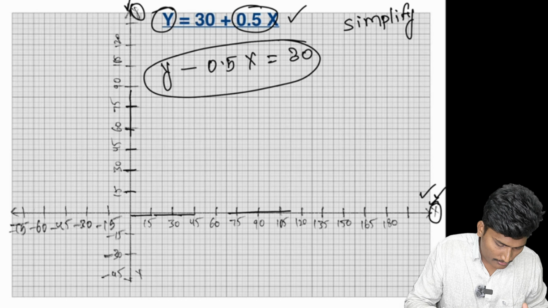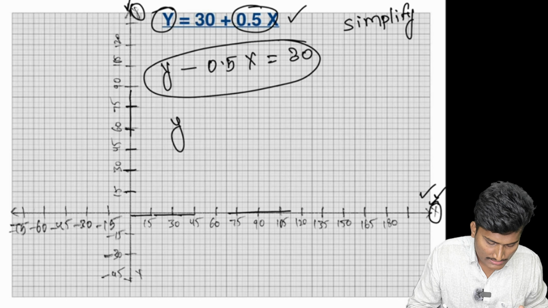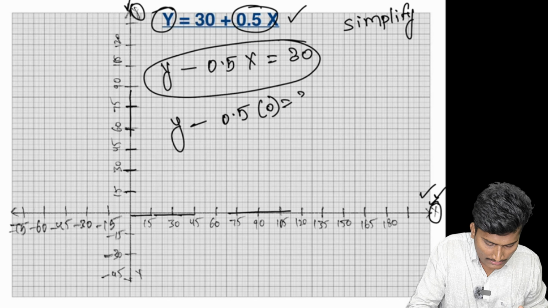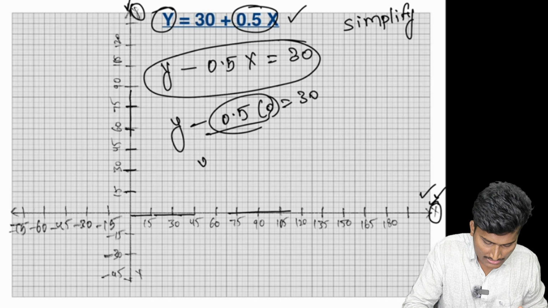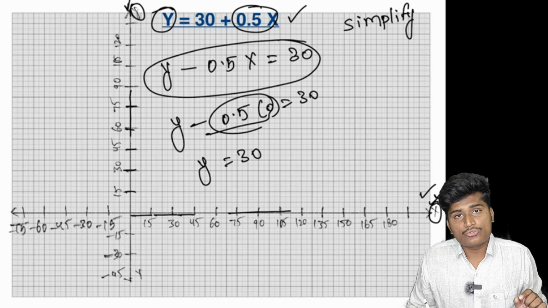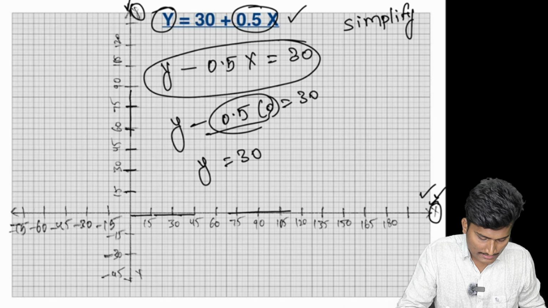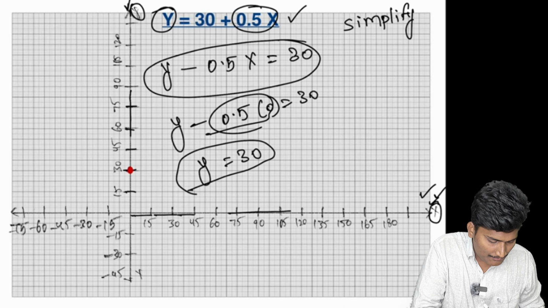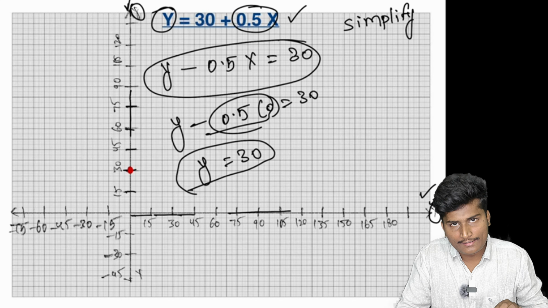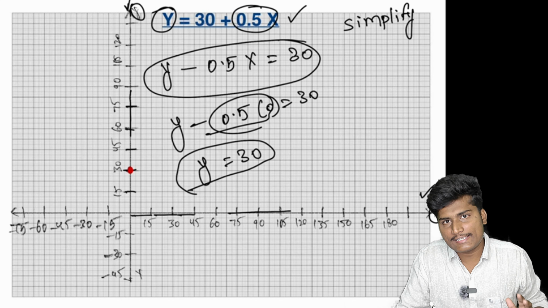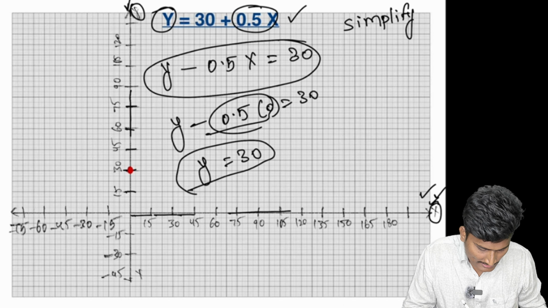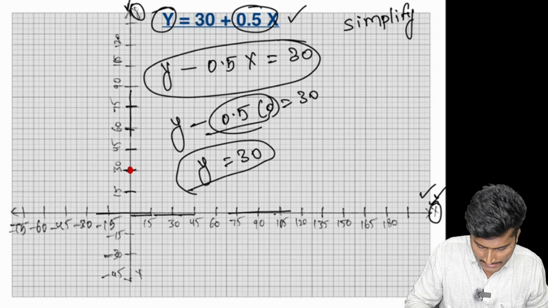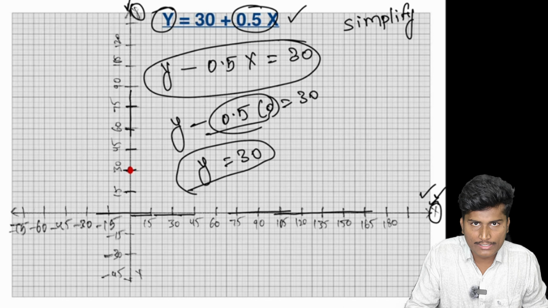What will be the value of y when x is equal to 0? Y minus 0.5 into 0 is equal to 30. So this whole thing will become 0, and y is equal to 30. So the line is going to intercept the y-axis at 30, here. In the same way, we need to find the point where the line intercepts the x-axis. When the line intercepts the x-axis, y will have a value of 0, because at this point y will not have any value, right?